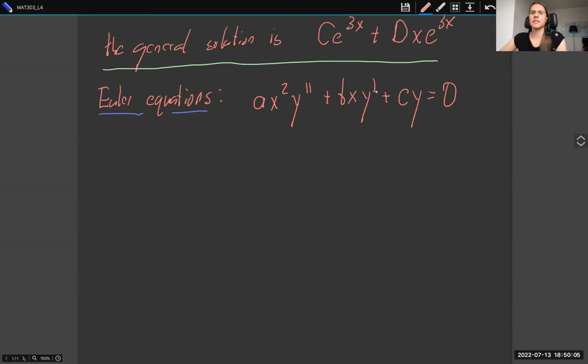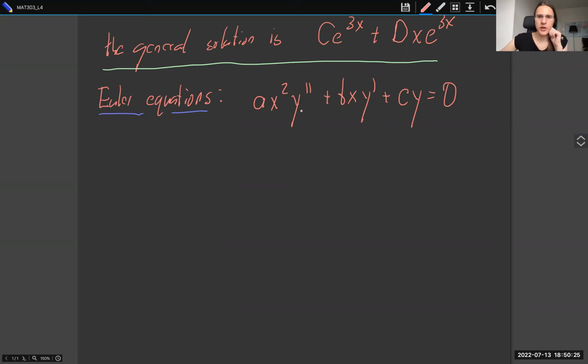So we took the previous equation with constant coefficients, but now it's not constant, in a very special way. This is a multiple of x squared and this is a multiple of x. That's how we've changed the coefficients to not be constant, only in this very subtle way.